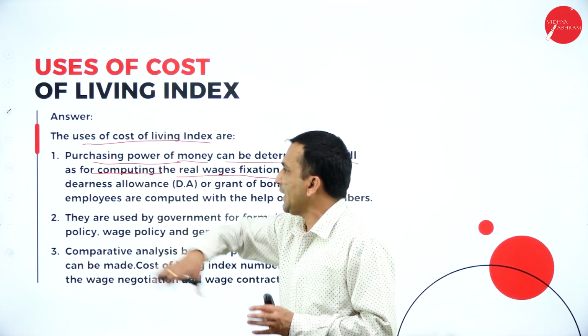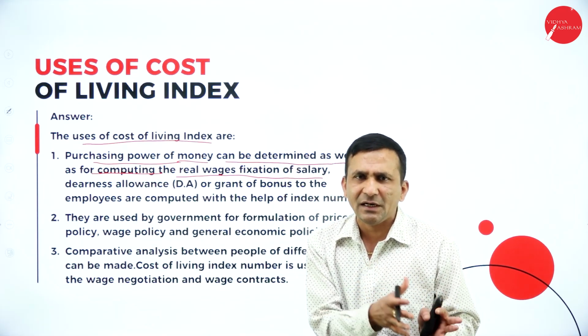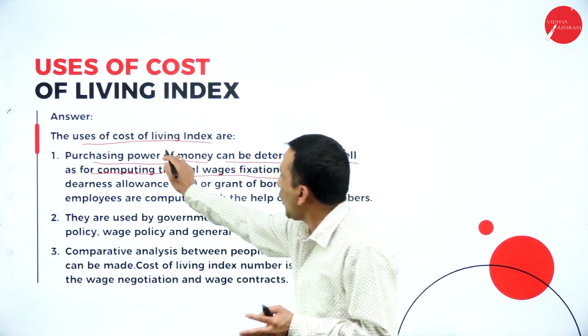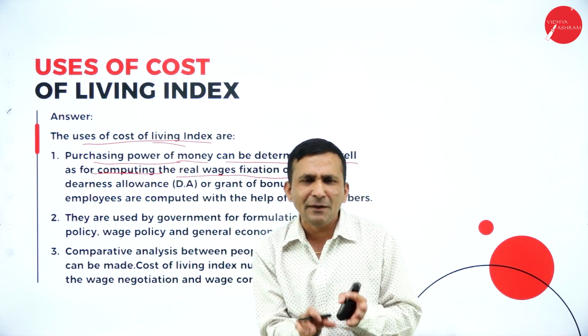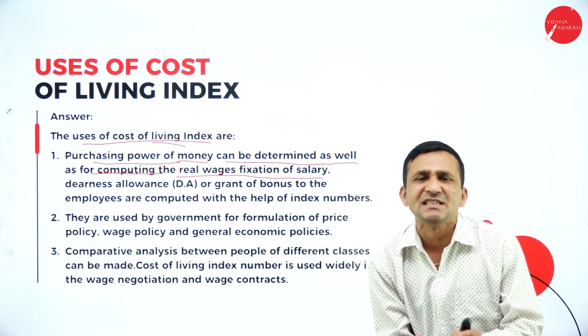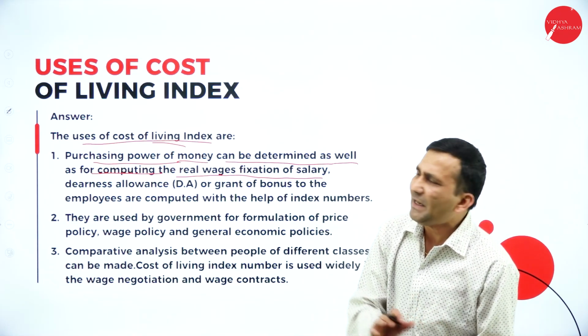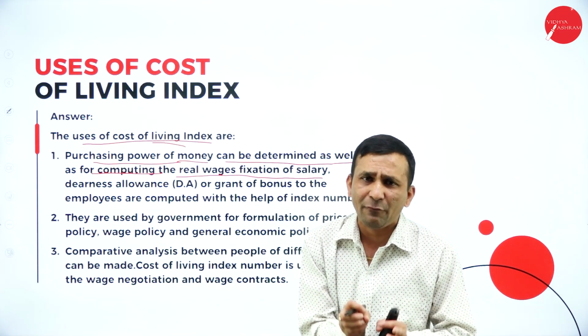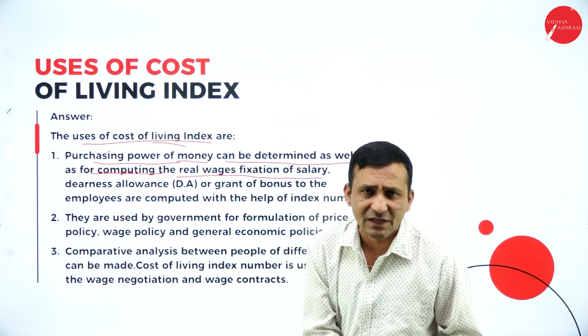So the government as well as private organizations do this with the help of the index. Living index means if any person is living in a specific city, they decide what salary and how much allowance they want to fix based on the living index.